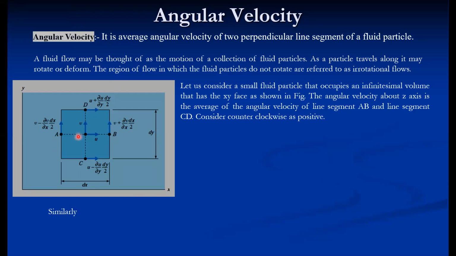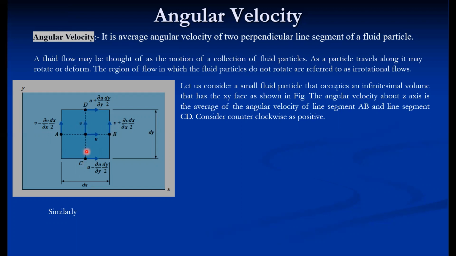Now the rotation of this line segment happens because of the variation of the velocity across this particular line. For example, in order to rotate this line segment AB in clockwise or anticlockwise directions, there must be a velocity difference between these two points. If the velocity is the same at A and B, the rotation will not take place.